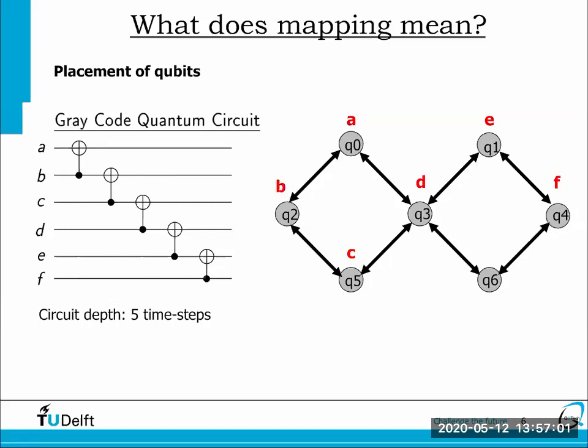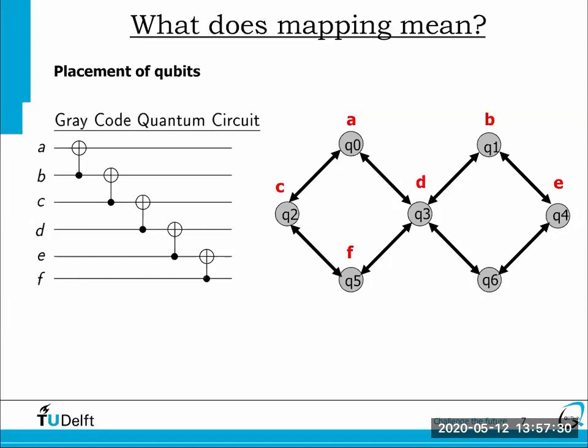But what happens if I'm not that smart and I just say, I'm going to place my virtual qubits or my logical qubits in the physical ones just in order. For example, I put A in Q0, B in Q1, C in Q2, D in Q3, just in the order they appear. As you can already see from this picture, in this case A and B don't share a connection, therefore they cannot interact.